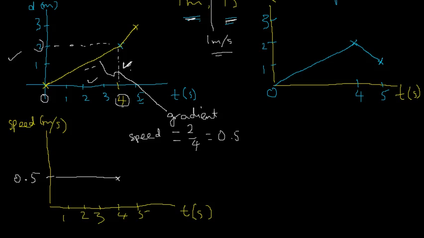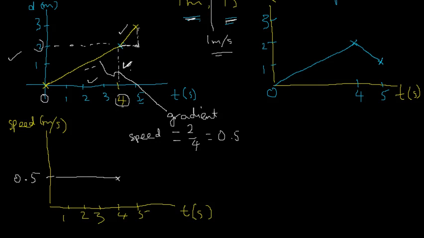But looking at just this part of the graph, how can we tell the speed? It's the same, using the same idea. Let's look at this part of the graph and think about the distance he has traveled, which is the vertical distance, and the time he took, which is the horizontal amount along the graph.